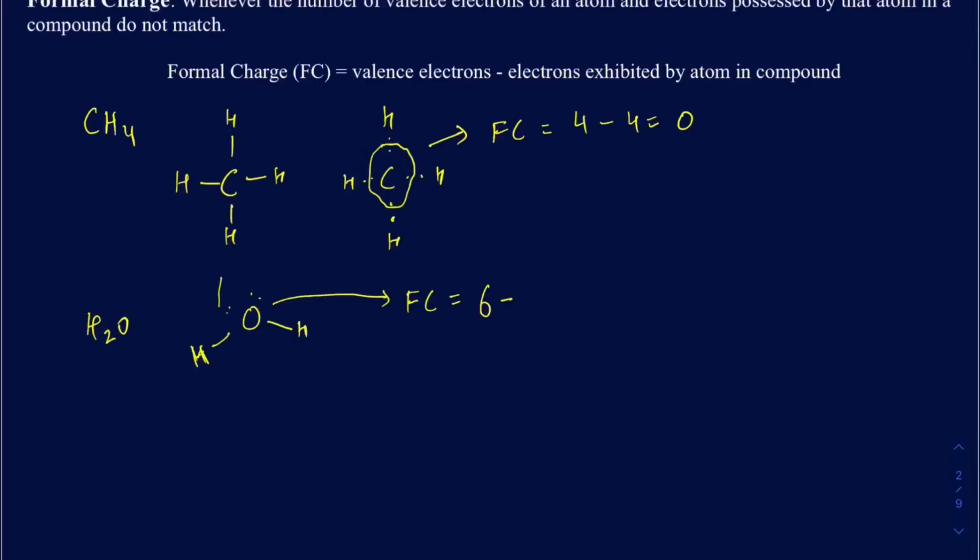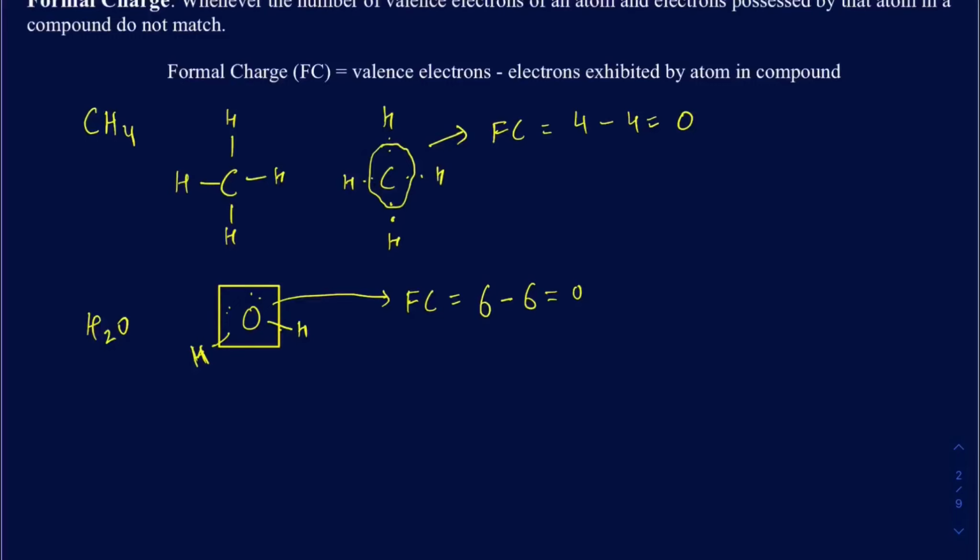If I draw a square box here, think of one bond shared between the oxygen and hydrogen. One electron of that bond belongs to the oxygen, and the other belongs to the hydrogen. I have 2 lone pairs on the oxygen, so that's 1, 2, 3, 4. Then I have 2 bonds, each bringing in 1 electron again. So that's a total of 6 electrons, which gives a 0 formal charge.